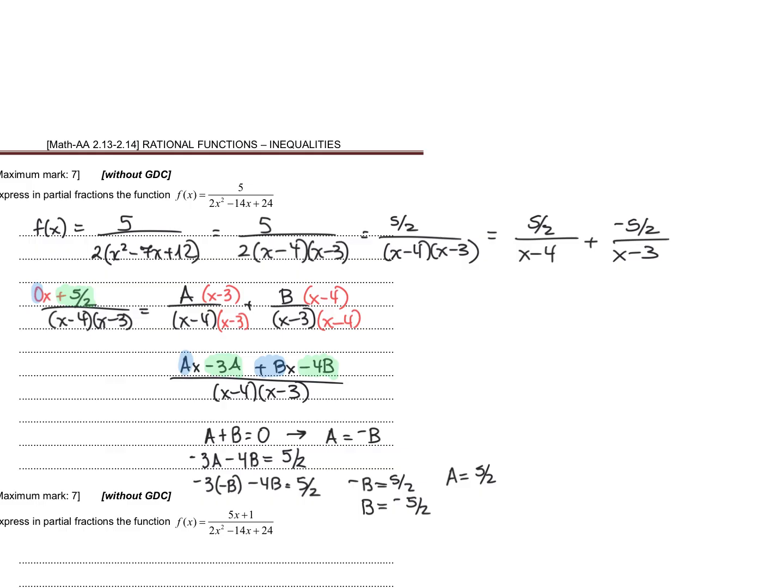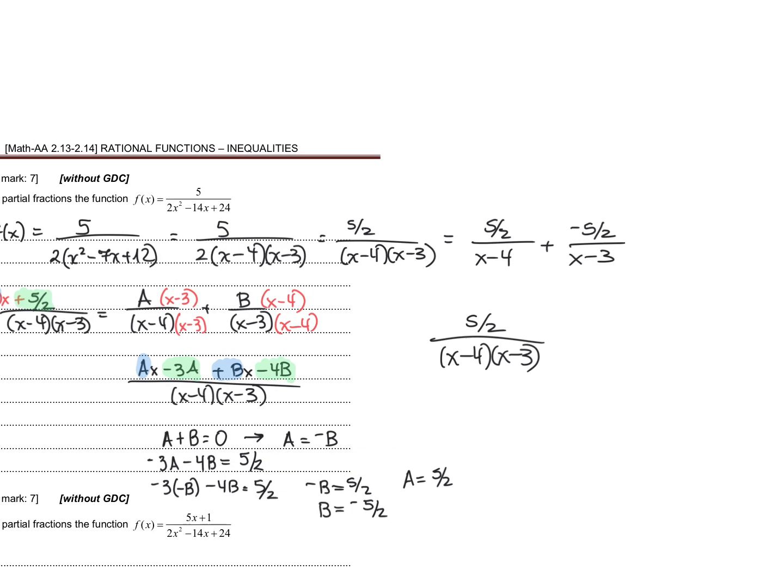So the other way to do it is if we use this cover-up method. So if we start with 5 over 2 over x minus 4, x minus 3, and this is just to check your answers, okay? In the IB, they'll often say to show it, so you have to do this whole method, but you can just kind of check it. It's a quicker way.